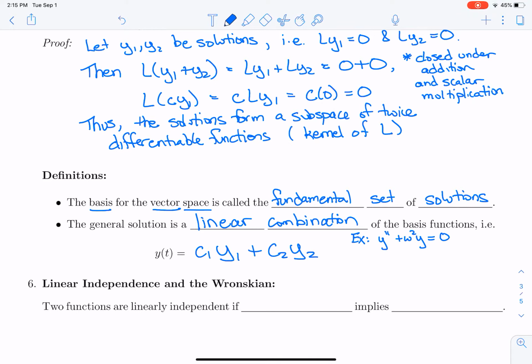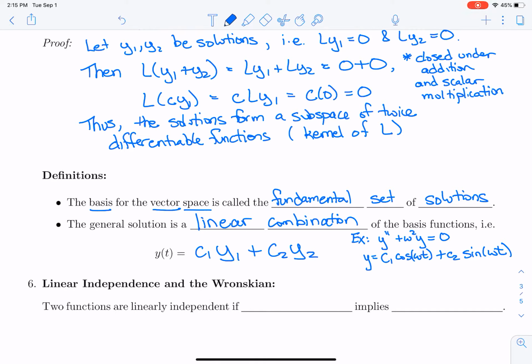And so our general solution was that y equals c1 cosine omega t plus c2 sine omega t. So I am inferring that cosine and sine are the fundamental set of solutions to that problem. In other words, that they form a basis for our vector space.